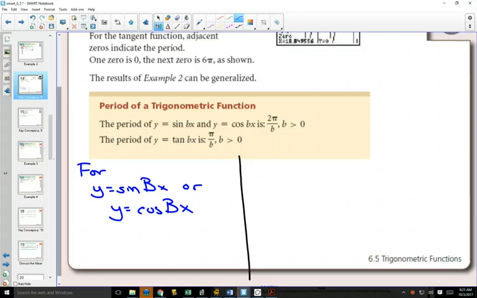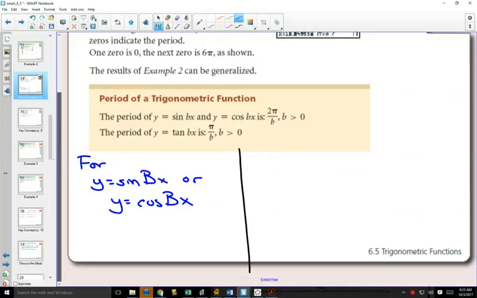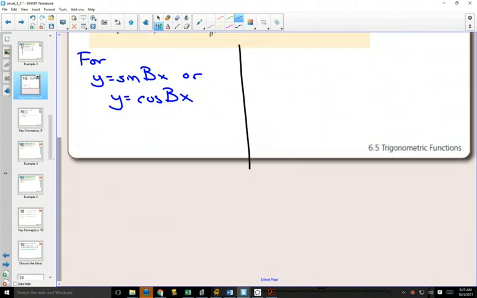if you have a value inside, which is a horizontal stretch or compression, then the following formulas are true. Your period is always going to be 2 pi, because that's what you started with, divided by whatever your B value is. Which makes sense, because if B is 3, can you see that that would be a horizontal compression by 1/3?